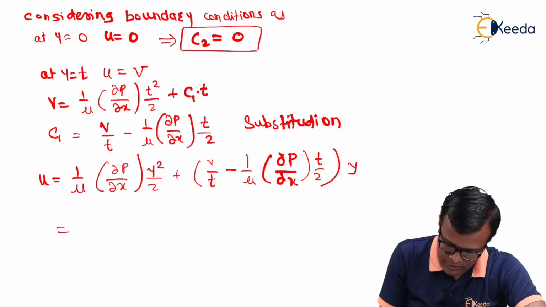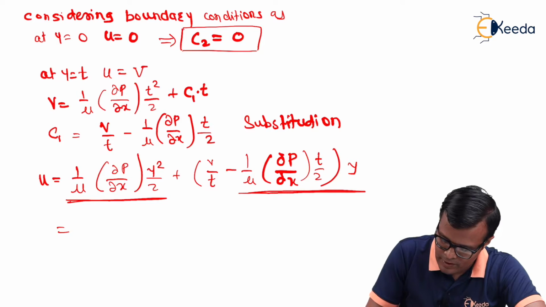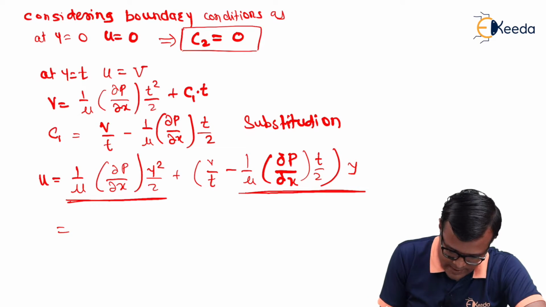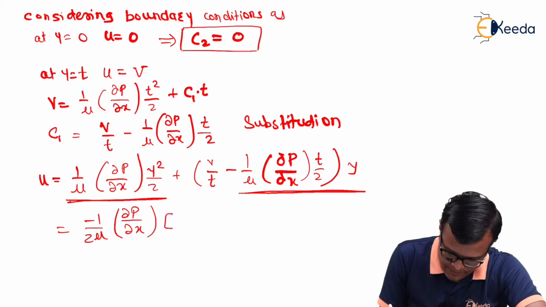We can take some terms as common. So the 1 upon mu terms can be considered as a single term, minus 1 upon 2 mu ∂P/∂x, with ty by 2 and y square upon 2. 2 is taken as common, so it becomes ty minus y square.